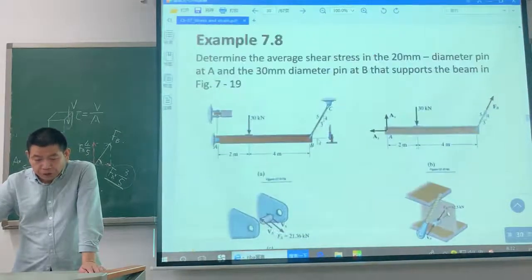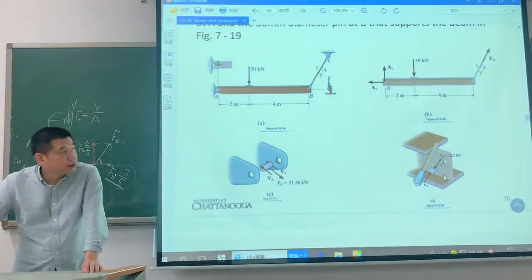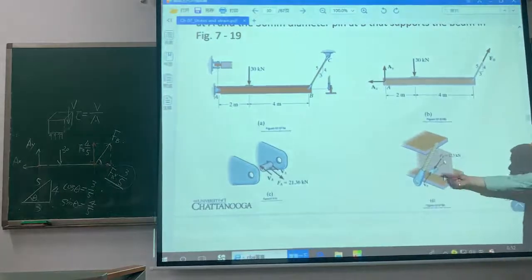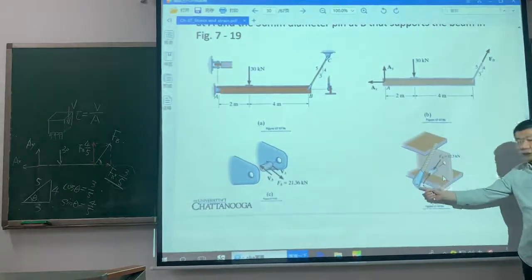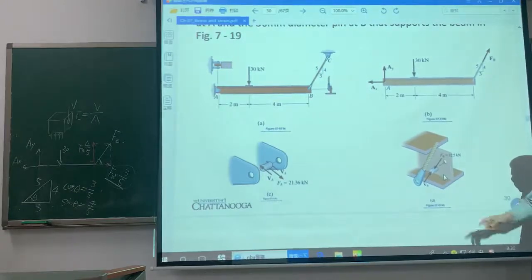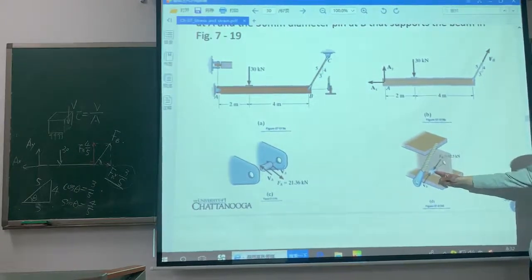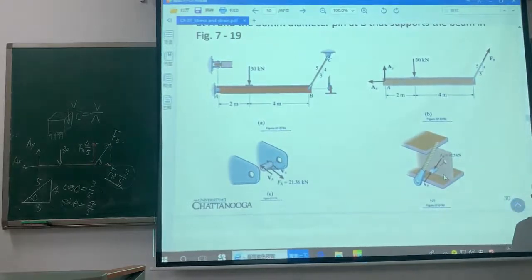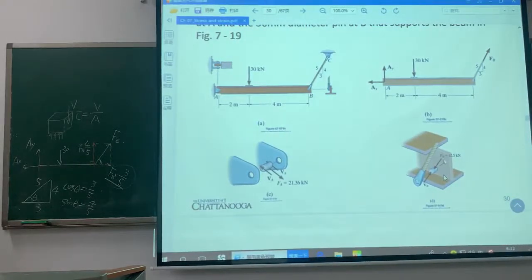Look at the structure, the details at pin B. Pin B has VP. There is just one shear cross section.